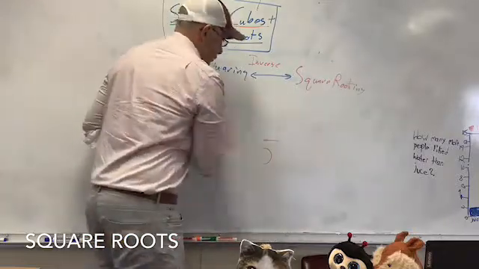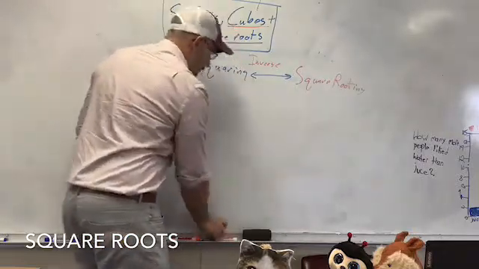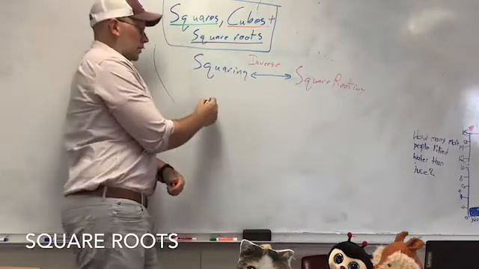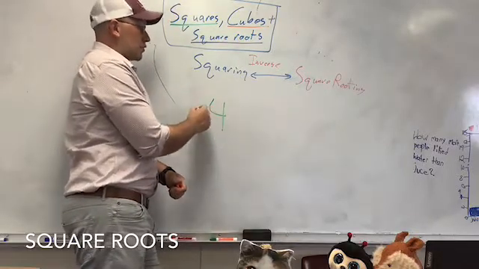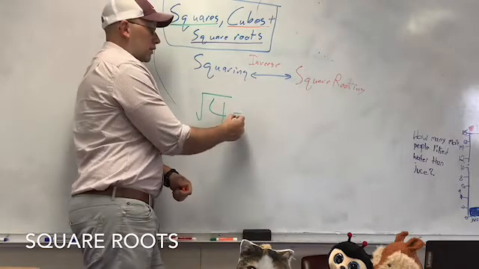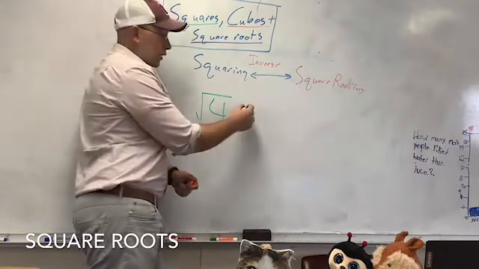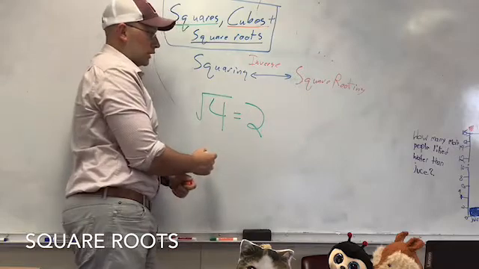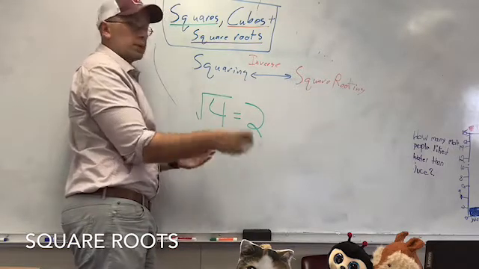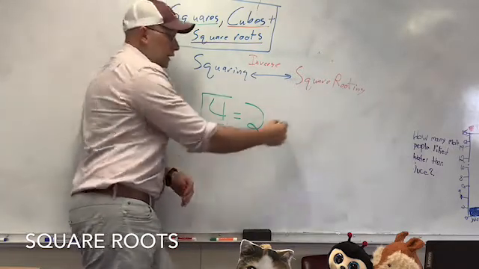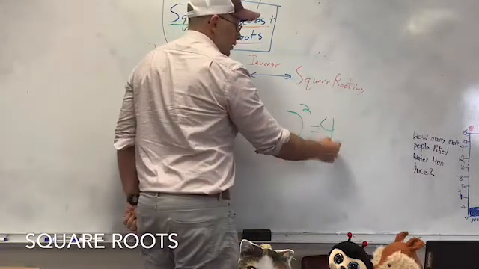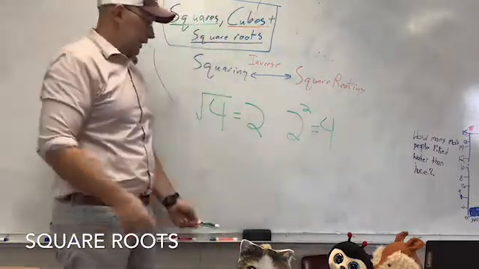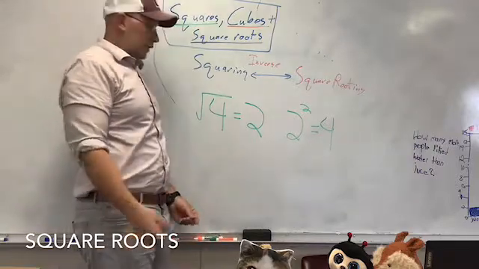So let's do another one. If I took 4, and I said I'm going to square root 4, the square root of 4 is 2. So if I want to do the inverse of that, I would do 2 squared equals 4. Inverse operations.